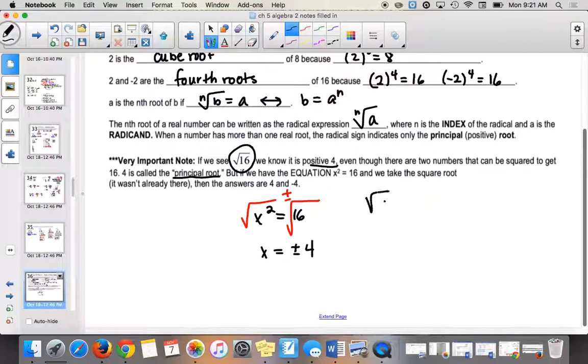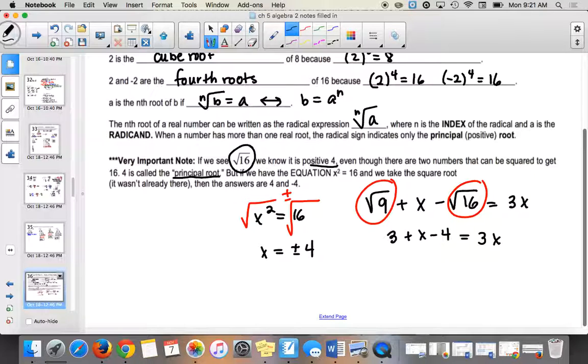We could have like the square root of 9 plus x minus the square root of 16 equals 3x. And these numbers right here already have signs with them. Okay, so this would be like saying 3 plus x minus 4 equals 3x. I don't put pluses or minuses for each thing because in the problem already, it was like I had an imaginary sign in front of it. Do you guys understand that? It's like there was already a little plus there. Okay, so that's called the principal root.